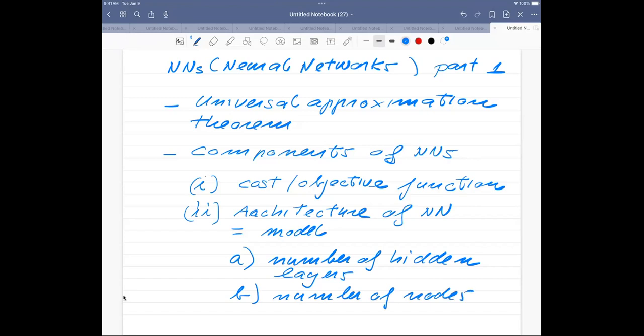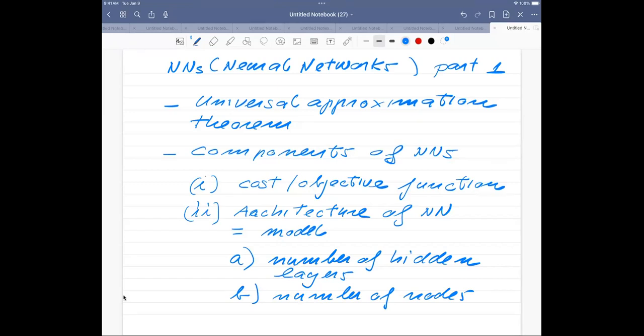Some people use the word neurons because neural networks were very much inspired by neuroscience. You would typically have a neuron which gets a signal or many signals, and then it sends an output depending on the signals. So the neuron or the node or unit, you will often see that these names are used interchangeably in the literature.